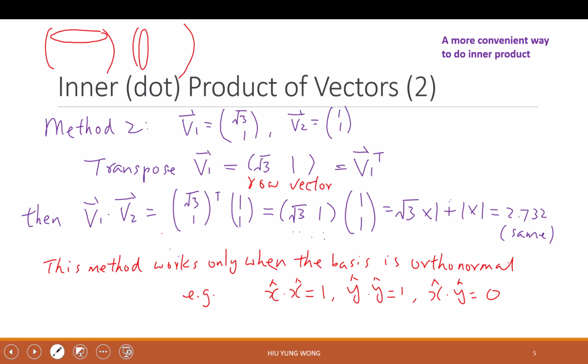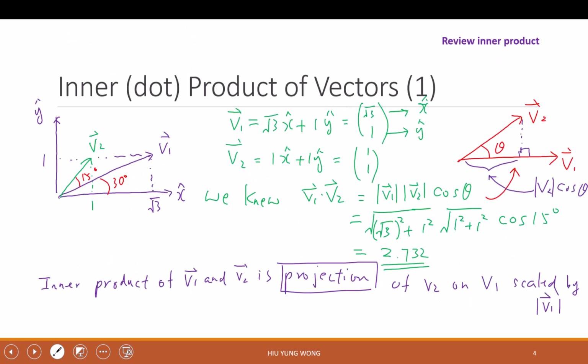We cannot have imaginary length, right? So that's why it's called orthonormal. It's orthogonal for different bases, they are perpendicular to each other, and it's normalized for each basis, they have a length of 1. And of course, that is what we have been dealing with, right? In 3D and 2D spaces.